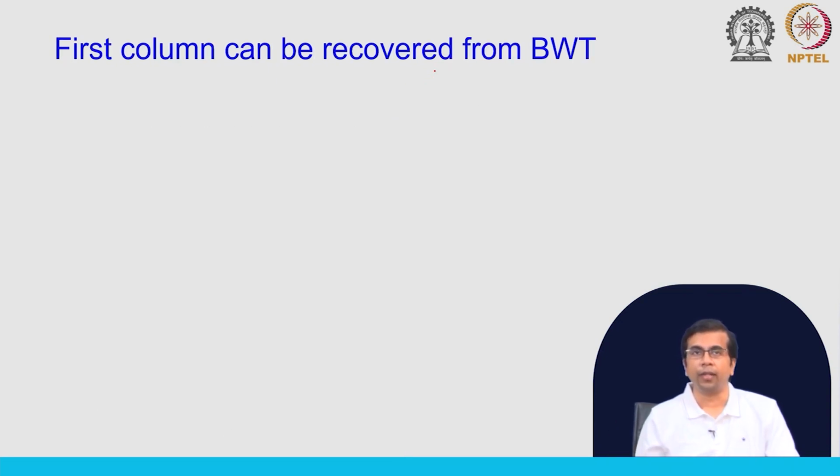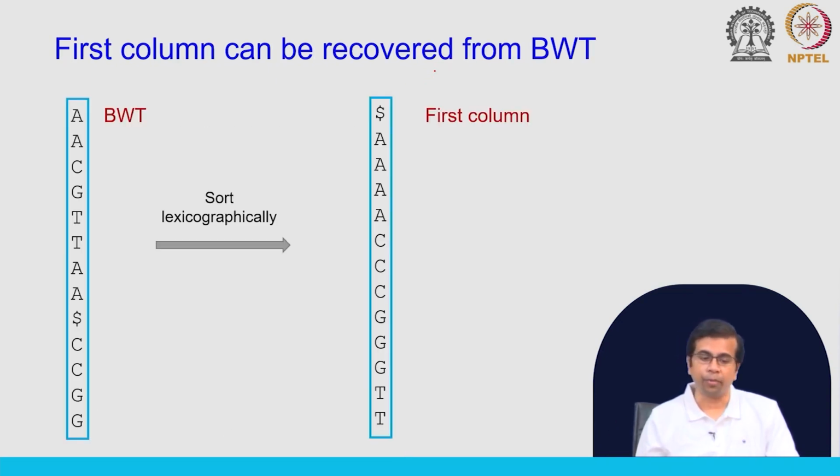And if you store this BWT, you can generate the first column, because the first column is lexicographically sorted. Just by sorting this BWT, you can generate the first column, and you can match this against the matrix.